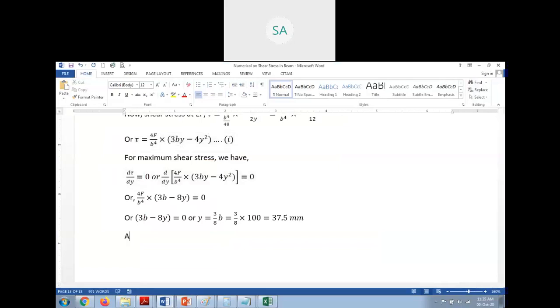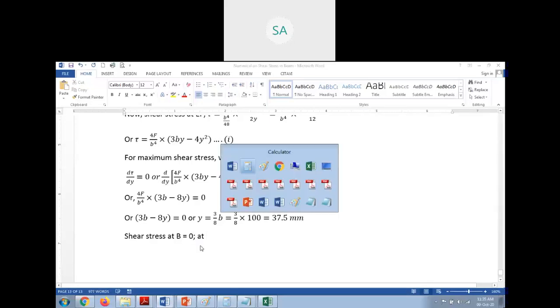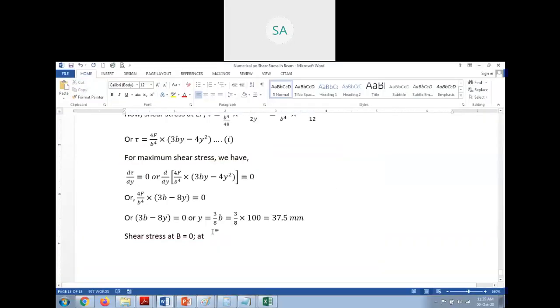So shear stress at B is equal to 0, right? And at D also, at D y is equal to b, right?